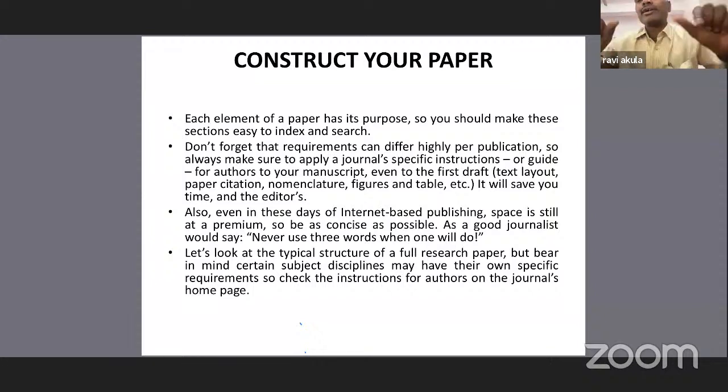There, a separate item will be there, call for papers or the instructions to the authors, where you can get the details: which font is to be used, how much spacing is to be maintained, how many pages the paper should be restricted to. All this preliminary information you can get in the call for papers area, where one needs to confirm that we are adhering to the instructions given by the publishers.